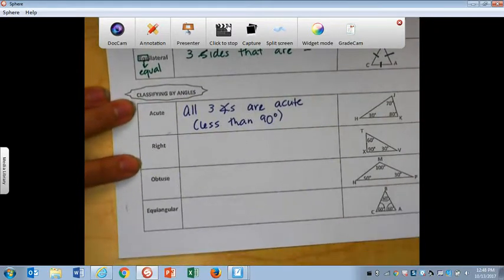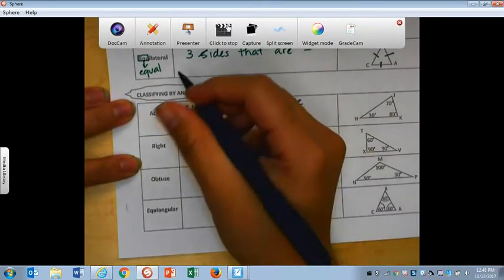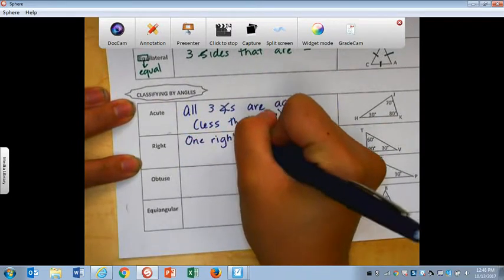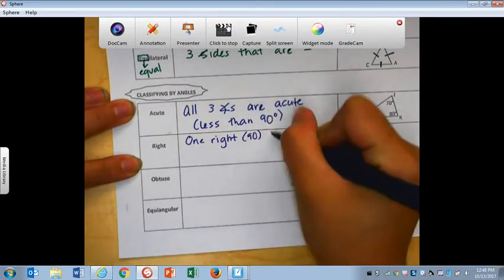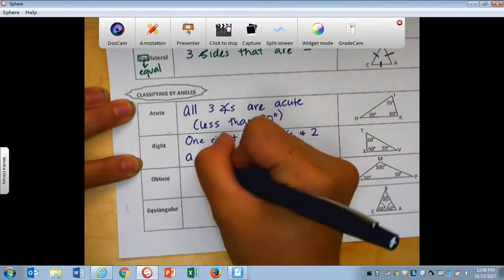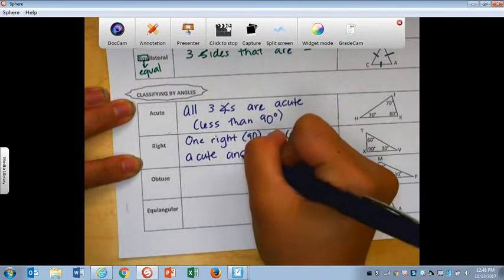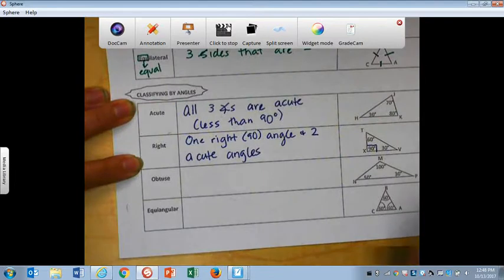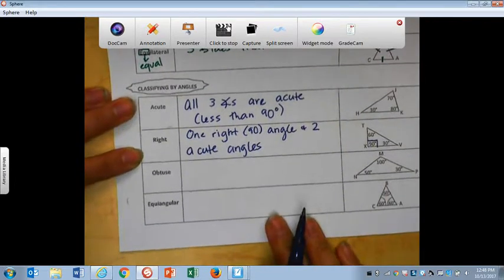A right triangle. So you have one right angle and two acute angles. So looking at this one, you have a 90-degree angle, and then the other two angles are acute.